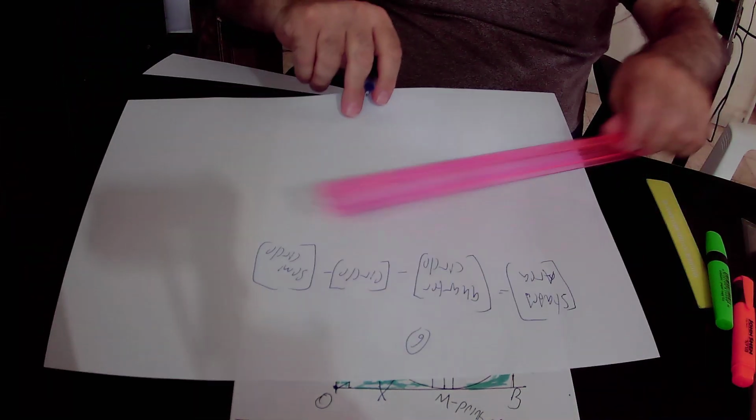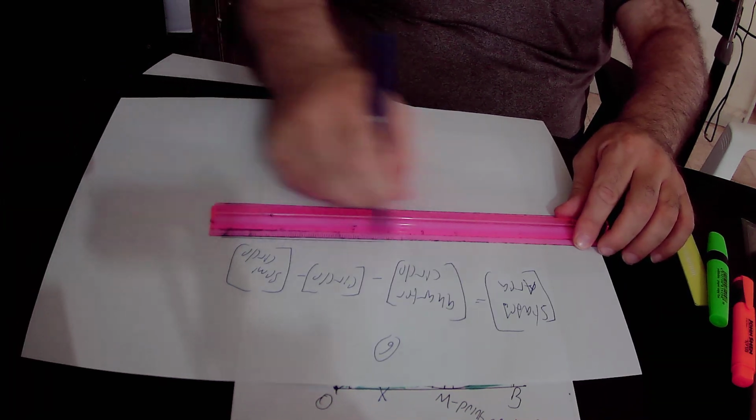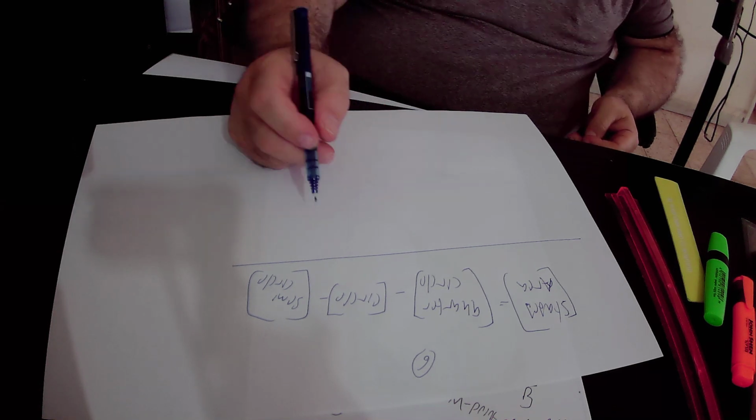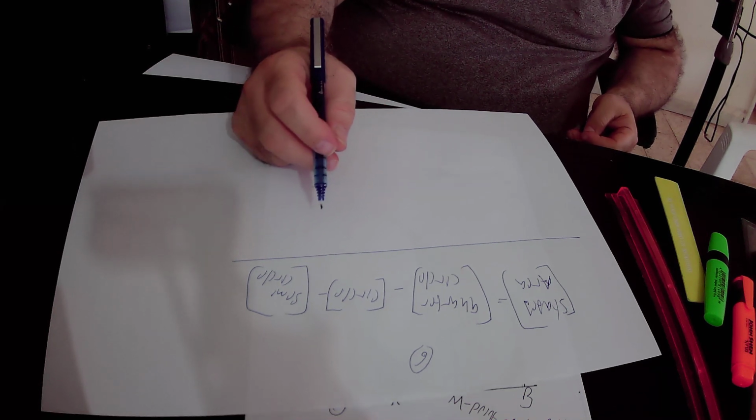Repeat again. The shaded area equals the area of the quarter circle minus the area of the circle minus the area of the semicircle.